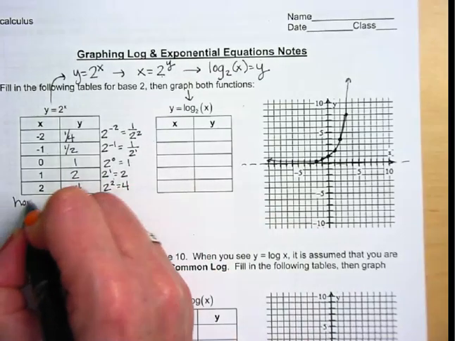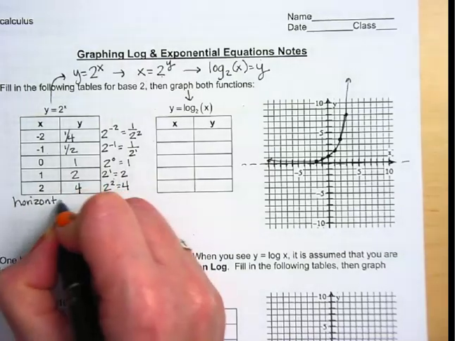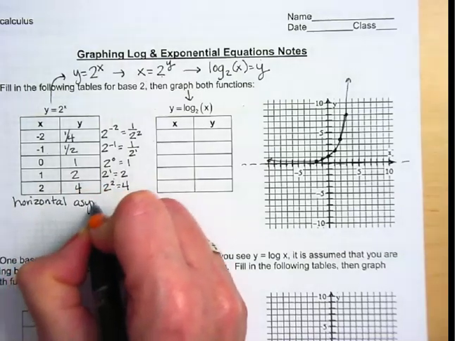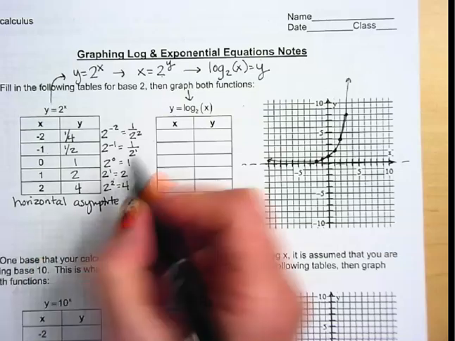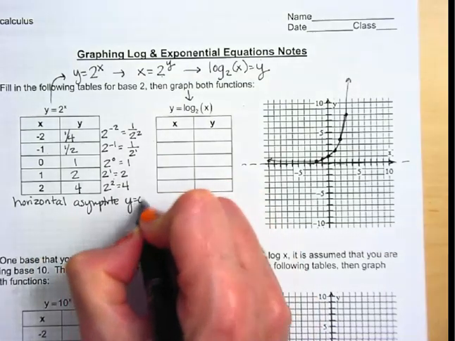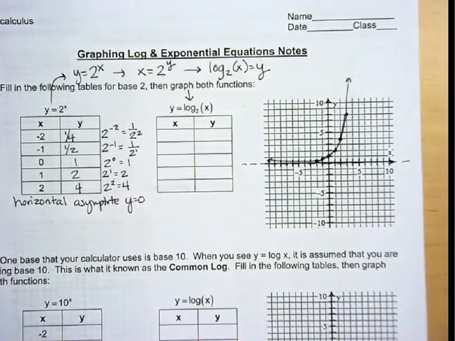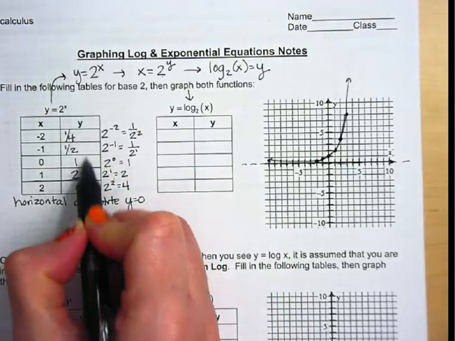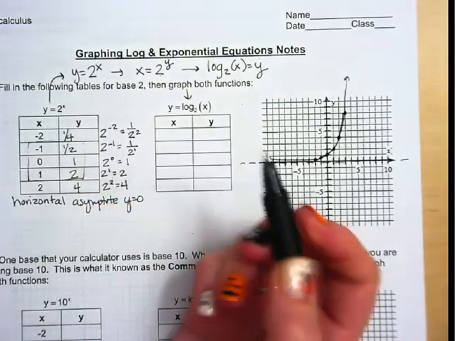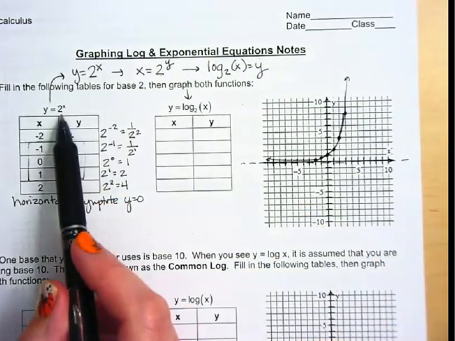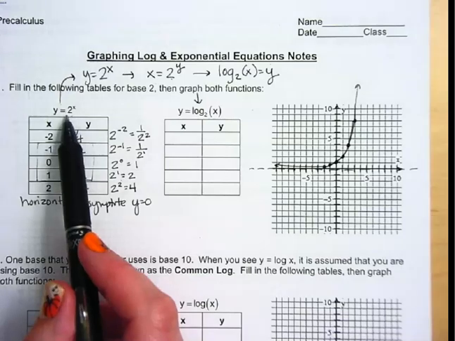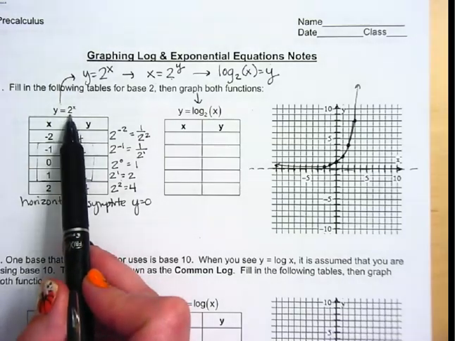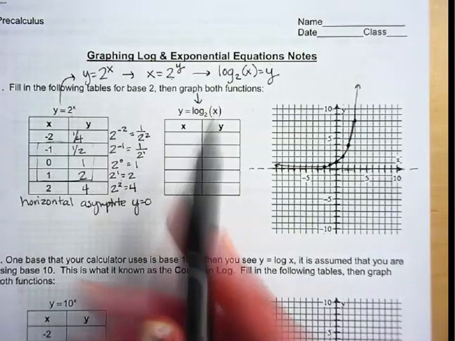Okay, let me write that down. Horizontal asymptote at y equals 0. And then if we look at these three values right here, we can notice a pattern. Regardless what my base is, because my base could change. This could have been a 3 or a 4, an 8, whatnot, okay?